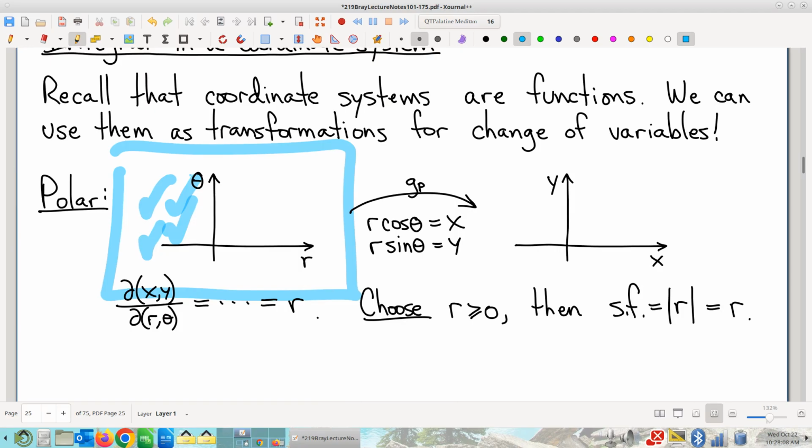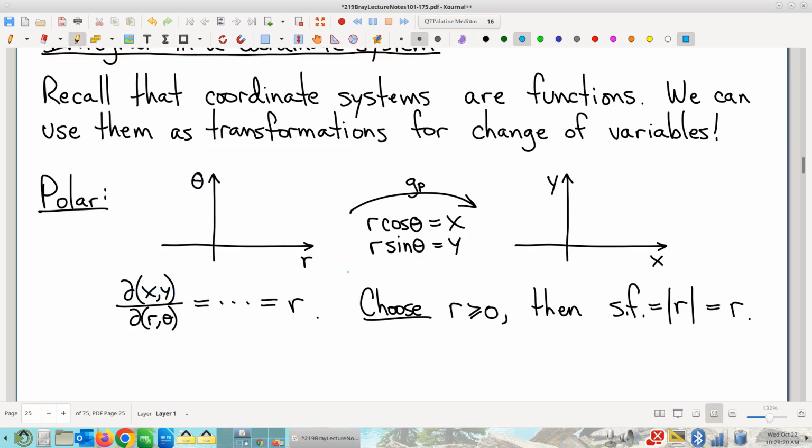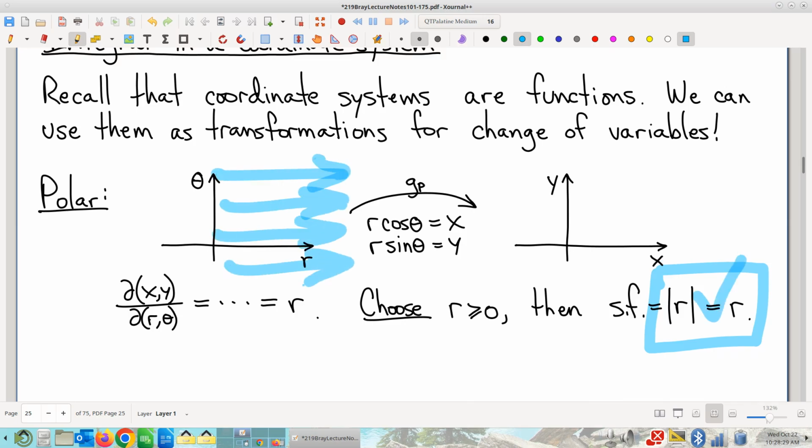You plug in negative values of r here and interpret the way we always have, and these equations work just fine. So you have to promise not to do that, because we want to be able to say the absolute value of r is r, and that's only true if you promise to stay over here and not to go over there. Does that make sense? Okay.